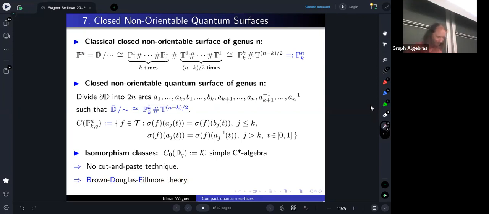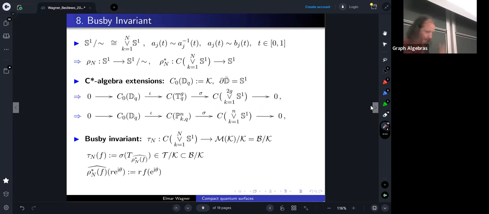And this is very well studied. This was a starting point. We can find a generator which is essentially normal. And these generators are classified up to unitary equivalence by Brown-Douglas-Fillmore theory, which was the starting point of KK-theory. And that's what we use for our classification.